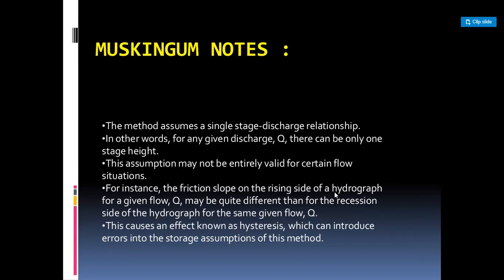For instance, the friction slope on the rising side of the hydrograph for a given flow Q may be quite different than for the recession side of the hydrograph for the same given flow Q. This causes an effect known as hysteresis, which can introduce errors into the storage assumptions of this method.